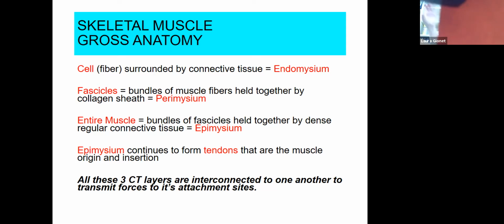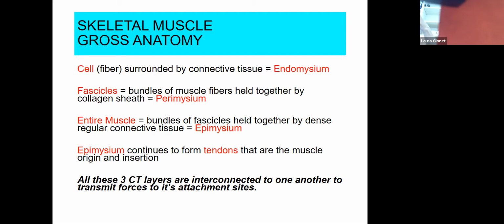So if we start with just the cell, and I'll often refer to it as a cell instead of a fiber, because a group of cells clustered together is called a fascicle. So I kind of reserve the F word for the fascicles. So a cell, or one muscle fiber, is surrounded by the connective tissue layer called the endomysium. Endo means within. It's the deepest of these three connective tissue layers.